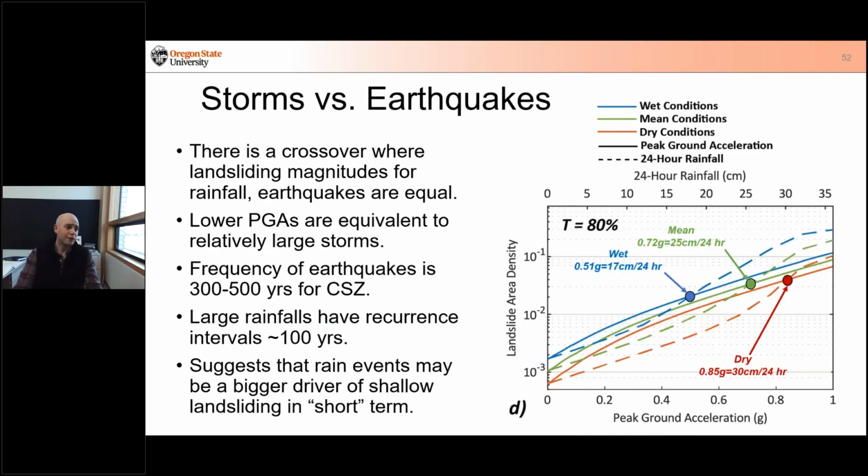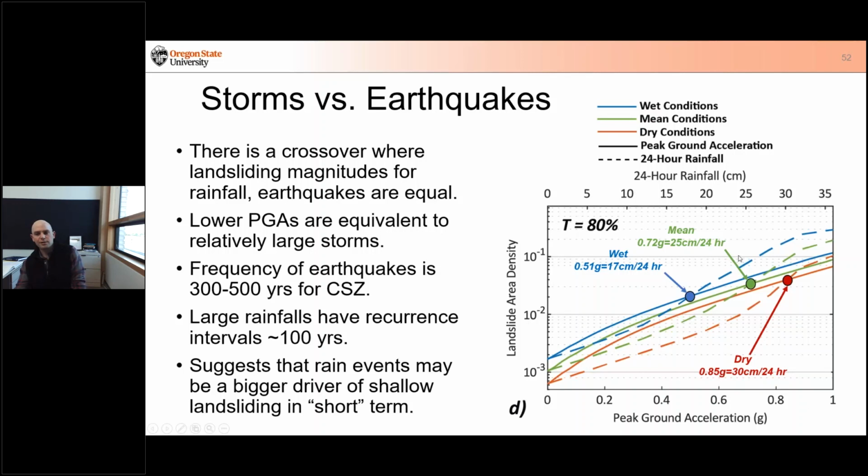And we can compare them. Storms versus earthquakes. Sounds like the name of a Marvel movie or something, but we can compare the actual impact of these very different disturbances. We can see here solid lines represent earthquakes and scale to the bottom axis.